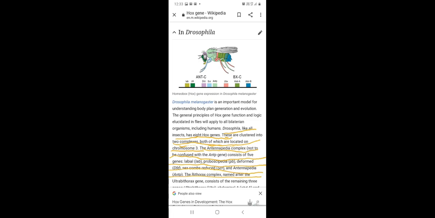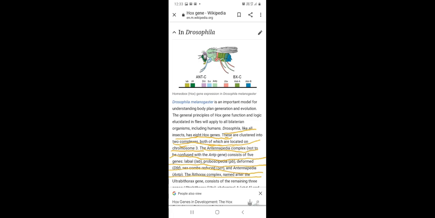If you remember, I told you that the homeotic genes have two complexes, and these two complexes have clusters of genes. The first complex was called the bithorax complex, and the other complex was called the antennapedia complex. The antennapedia complex has 5 genes, 5 clusters of genes.